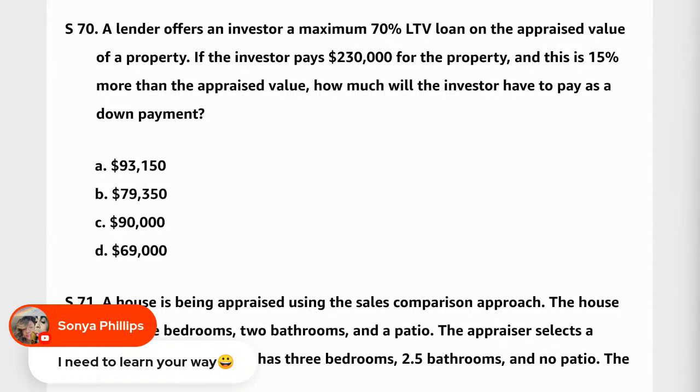So then it's the part divided by the rate: 230K divided by 1.15, 115%, equals the whole. So X equals 200,000. X is the whole.